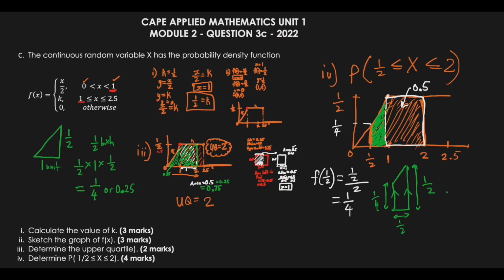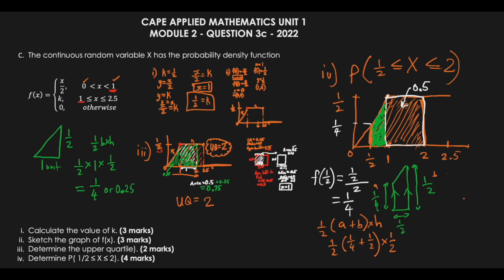Now for the area of a trapezium, we use half multiplied by a plus b, which represents the sum of the parallel lines, times the perpendicular height to those parallel lines, which in this case would be a half. So we could say half times a plus b. If I call this a, it would be a quarter plus b, so a quarter plus a half. And we are multiplying that by the perpendicular height, so that would be a half again.